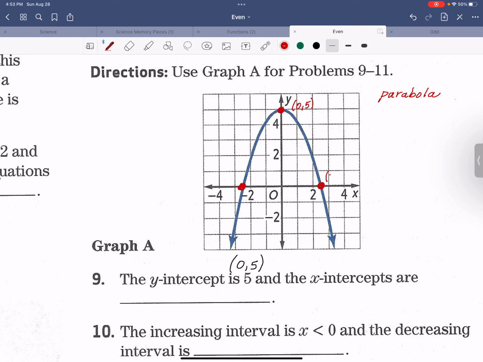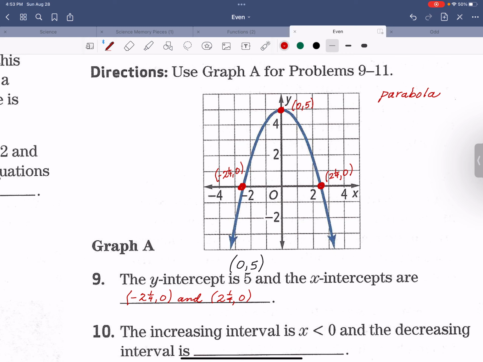It crosses at 2 1/4, 0, and at negative 2 1/4, 0. So those are your x-intercepts. The one on the left is at negative 2 1/4, 0, and the one on the right is at positive 2 1/4, 0.